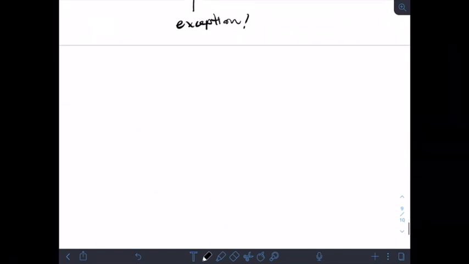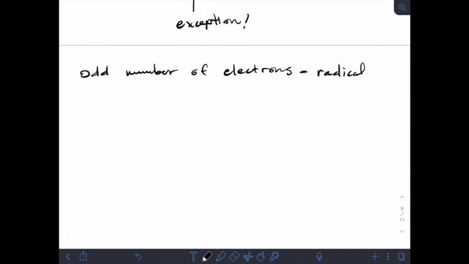Our next exception is odd numbers of electrons. When you have an odd number of electrons, you have what are referred to as radicals.